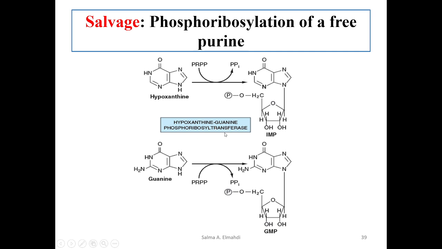Hypoxanthine guanine phosphoribosyl transferase, abbreviated as HGPRT. The HGPRT enzyme is very important for a classic technology that is called hybridoma technology, which has revolutionized the production of monoclonal antibodies.